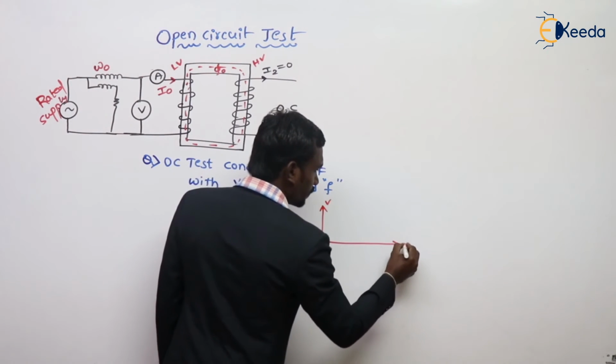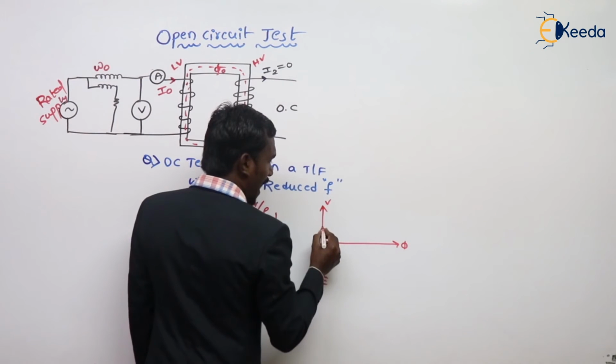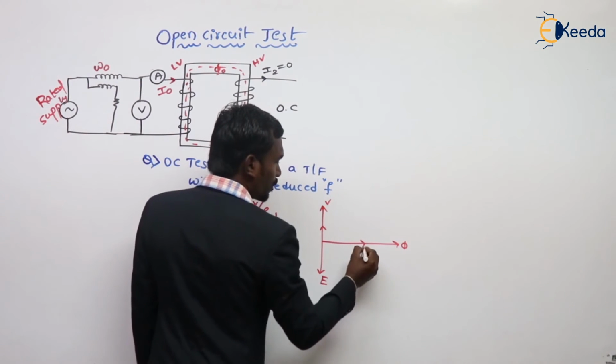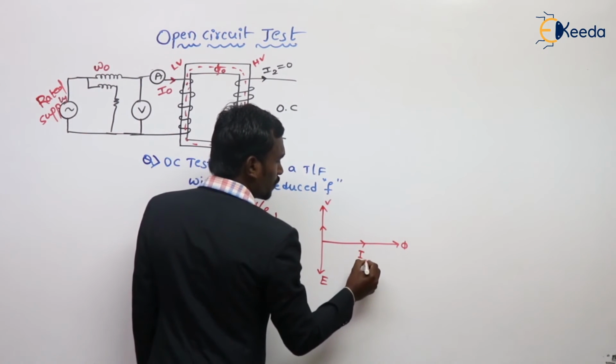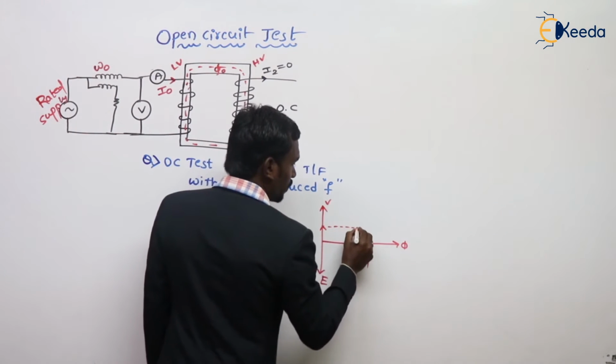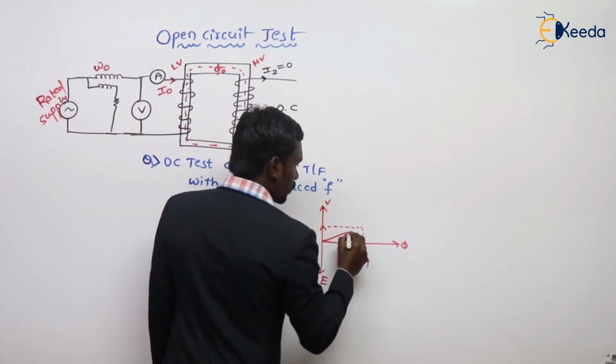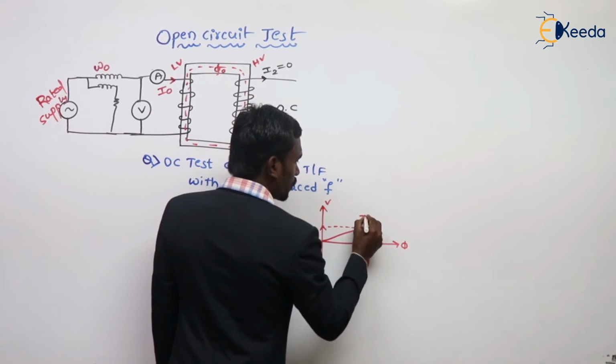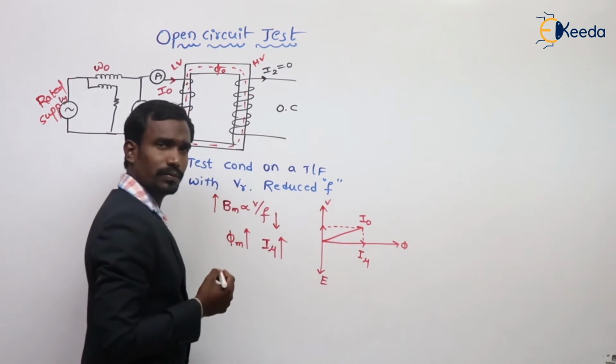Let's see. This is phi. Here I_W, here I mu, and the sum of these two is I naught.